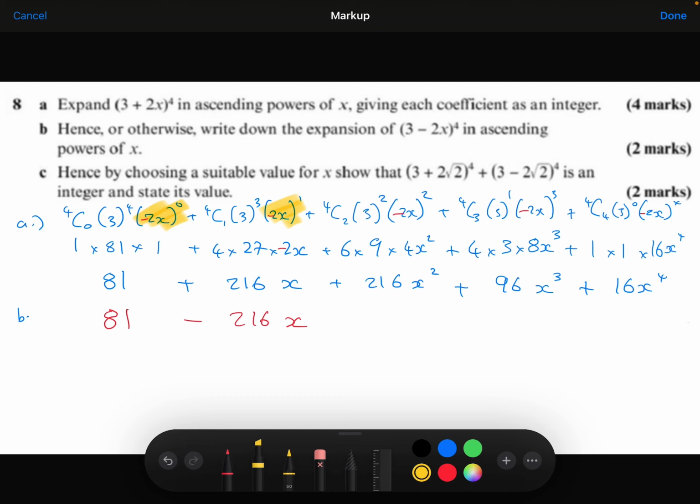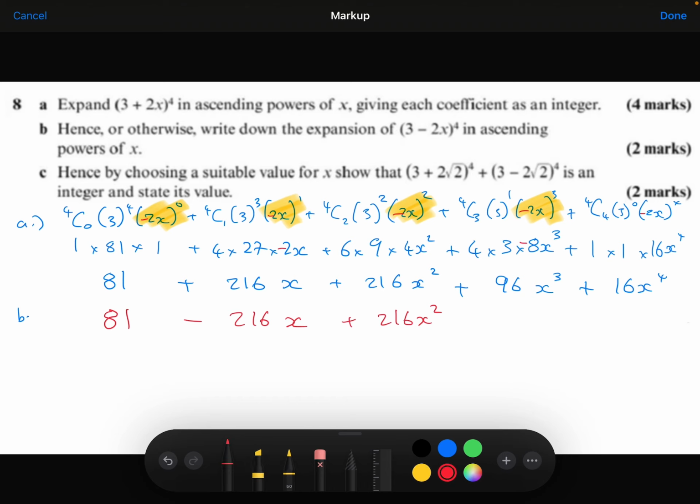The third term, I've got a minus 2x, all squared. Now, when I square that minus 2x, it's still going to be a positive 4x squared. So actually this next term is not affected at all. The next term, (-2x) cubed, would actually now give me a minus 8x cubed.